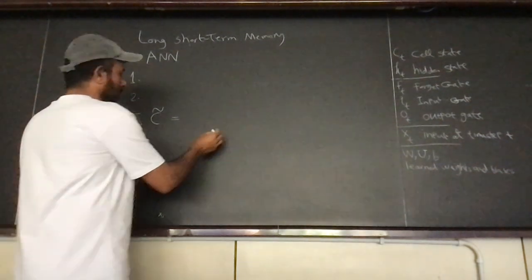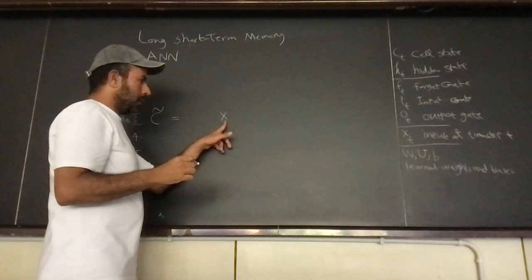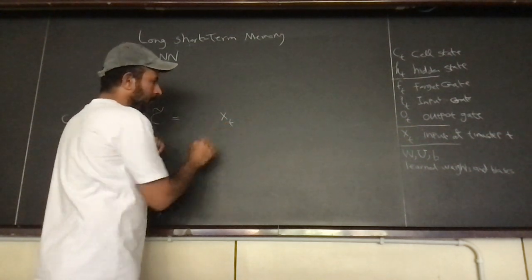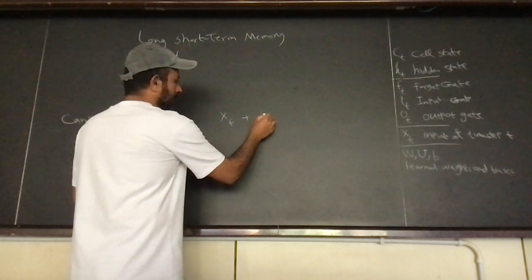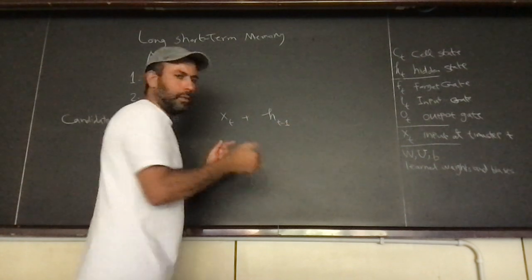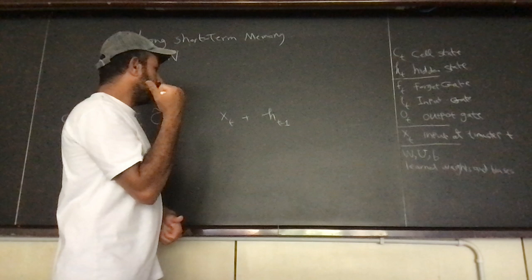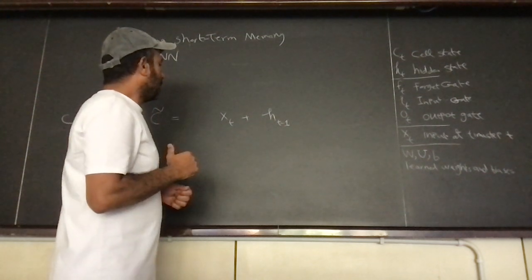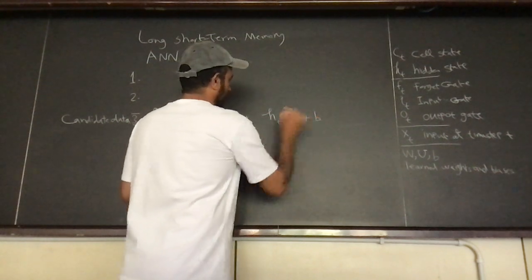It consists of the input at time step t plus the hidden state h t minus 1, at the previous time step, plus the bias.